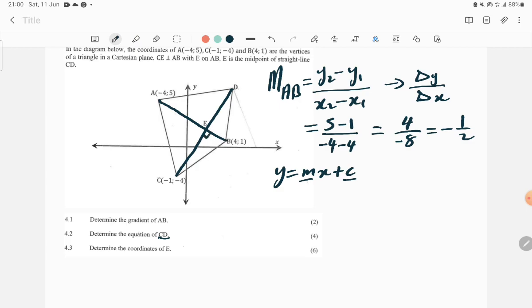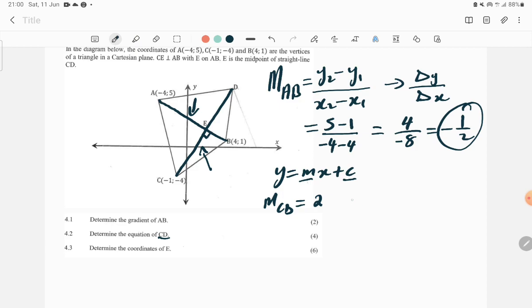What we know about perpendicular lines is that the product of their gradients gives you negative 1. So if the gradient of AB is negative half, then the gradient of CD is going to be positive 2, because positive 2 times negative half will give you negative 1.